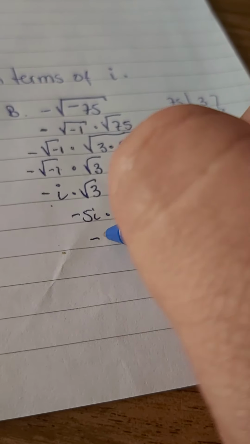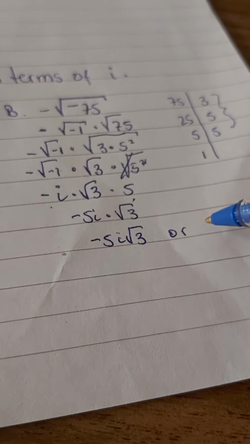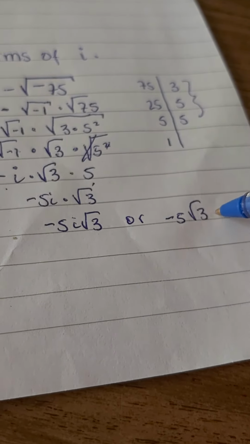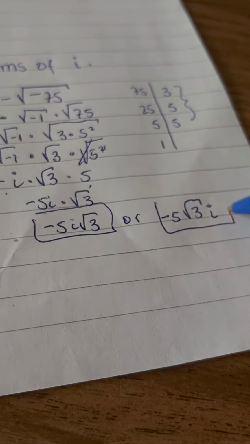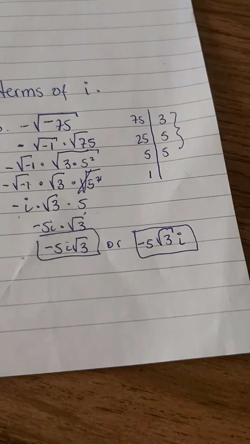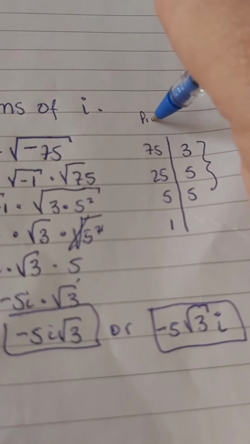So this is equal to negative 5i square root of 3, or we can write it as negative 5 square root of 3 i. Okay? So we have two different ways of writing that solution. So if the square root does not have a perfect square, then you have to find the prime factorization.